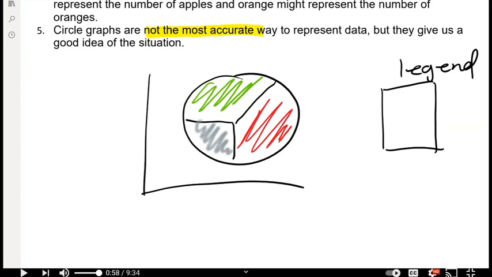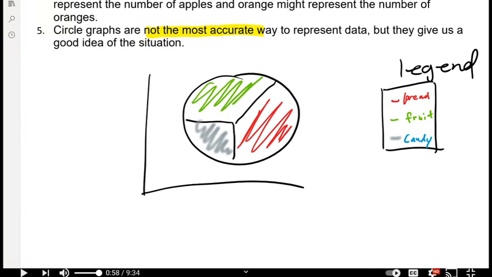All right. So for the pencil shavings, maybe this is candy. And then maybe for the green, this is fruit. And then maybe for the red section, this is, say, bread.